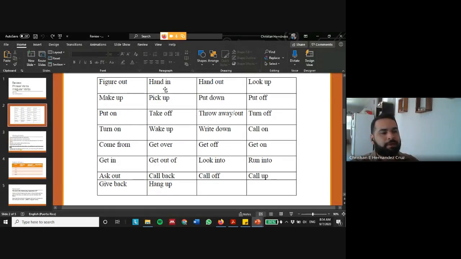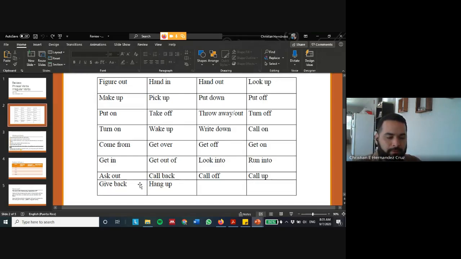We have figure out, hand in, hand out, look up, put off, put down, pick up, make up, put on, take off, throw away or throw out, turn off, turn on, wake up, write down, call on, come from, get over, get off, get on, get in, get out of, look into, run into, ask out, call back, call off, call up, hang up, and give back.